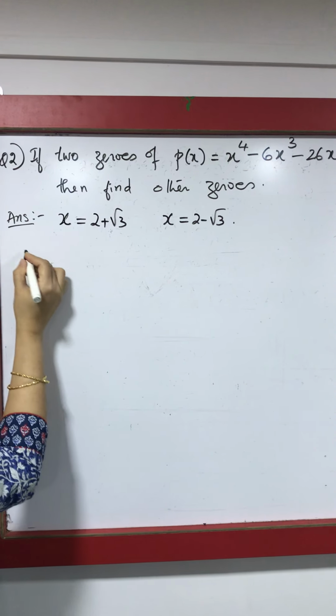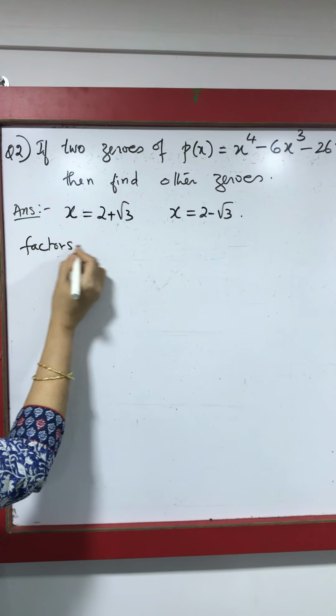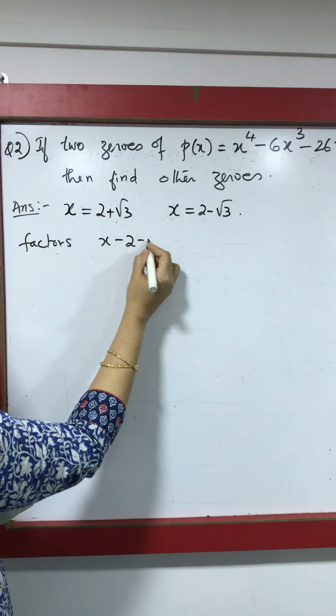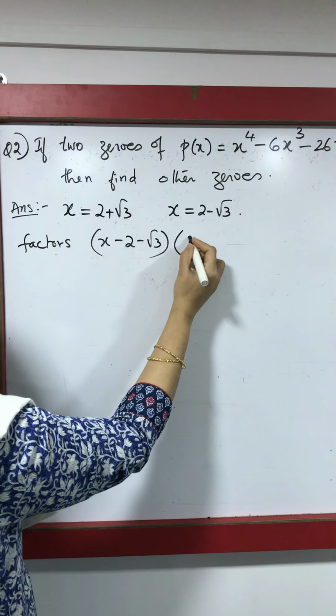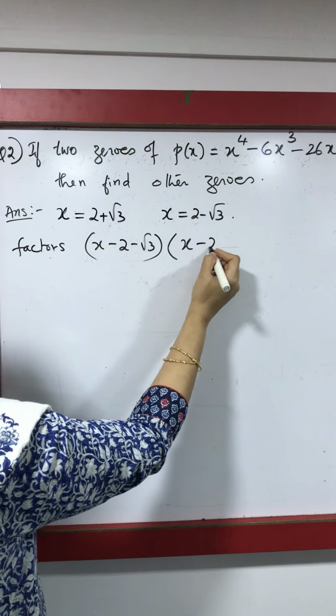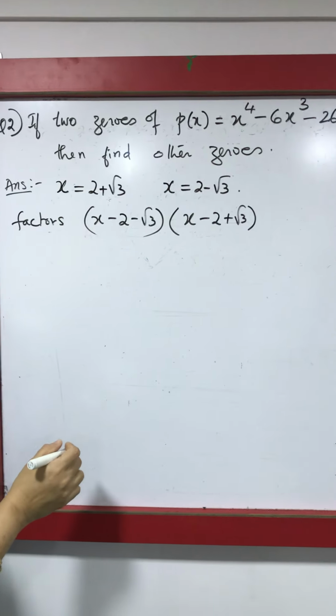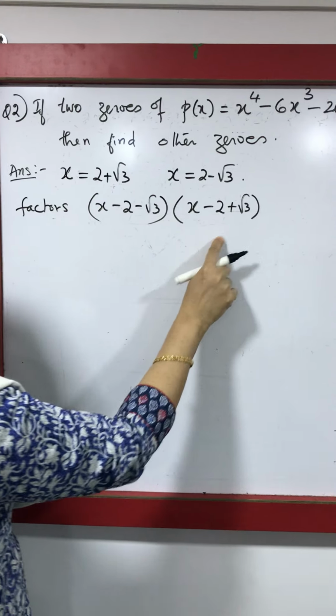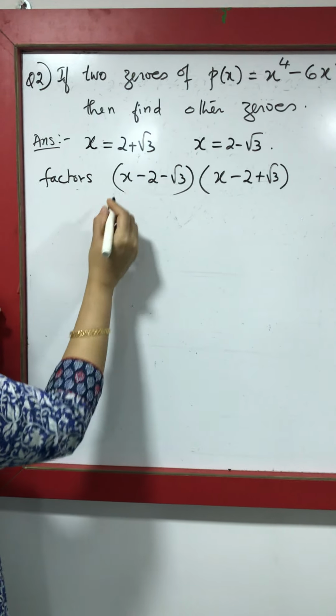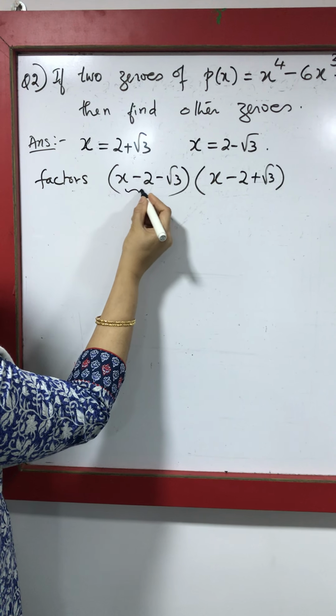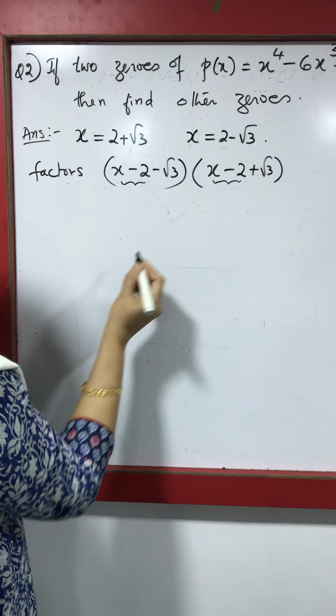This is given. To find factors, we will bring these values to the other side. So that will become x minus 2 plus root 3 and x minus 2 minus root 3. These are the factors. Now we will solve these factors to find the divisor. Here what is common is x minus 2.